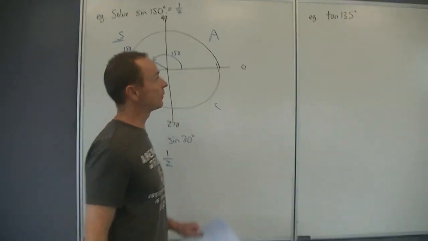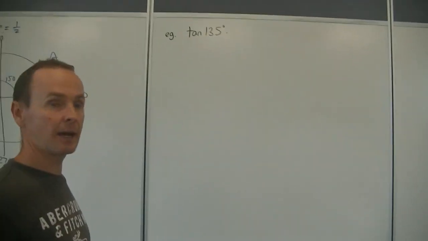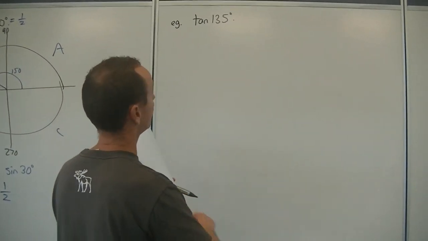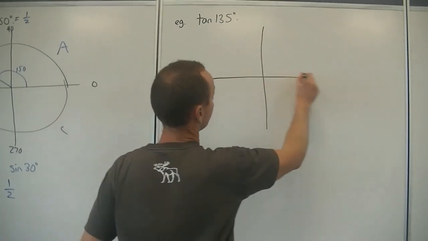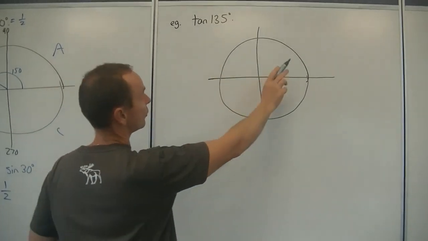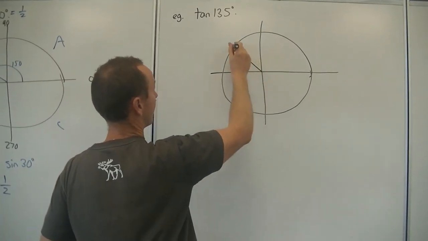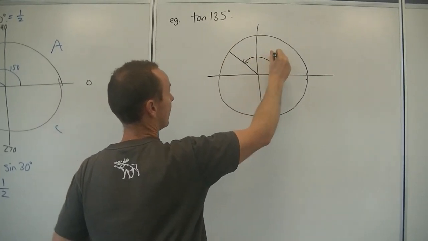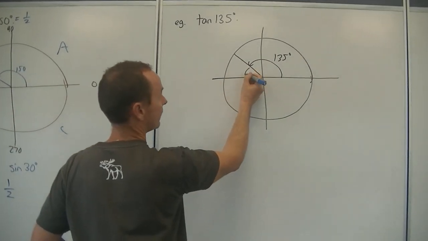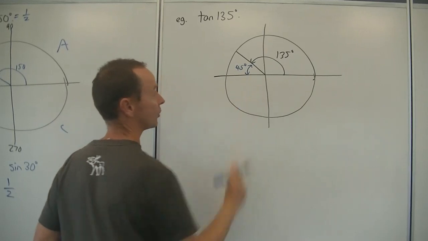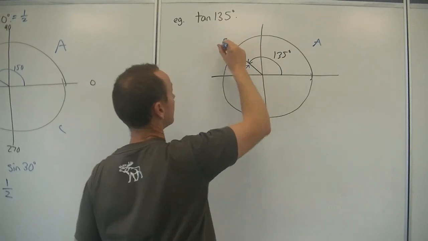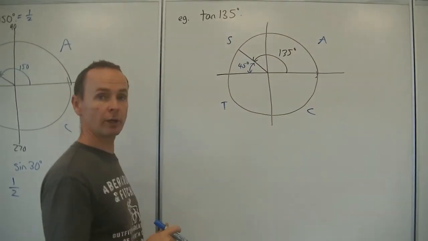Excellent. Let's move on to the next one. Tan 135 degrees. That's not in my ratios, so what do we do? We do a unit circle again. Not very neat, but oh well. So there's our unit circle, and 135 degrees. There's 90, so it's about that way. That's 135 degrees. If that's 180, then this reference angle would be 45 degrees. Great. So let's work out all stops to city, you need that to work out what's positive.